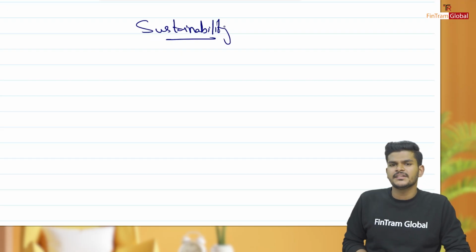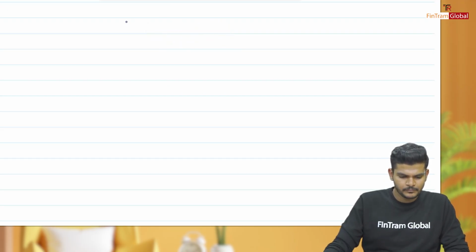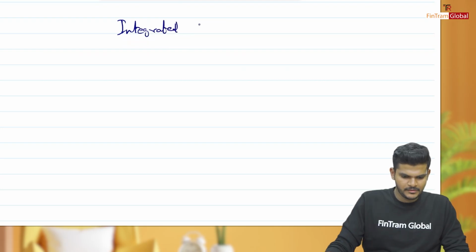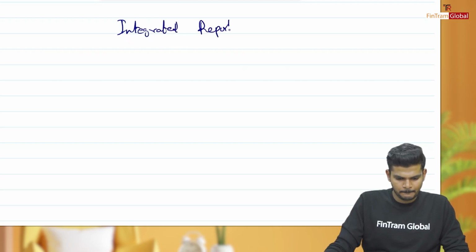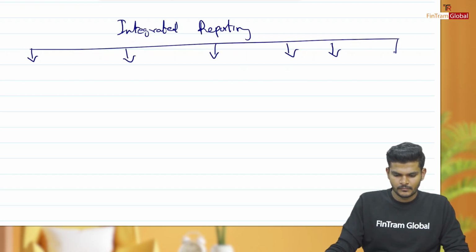And as part of sustainability, we learned about integrated reporting, right? What is integrated reporting all about? Within integrated reporting, we talk about 6 capitals. Okay, folks, so what are these 6 capitals?